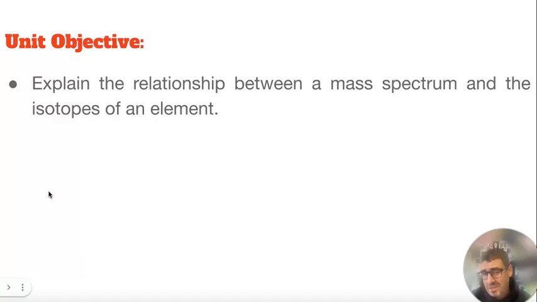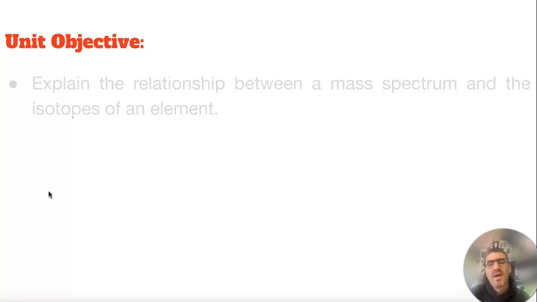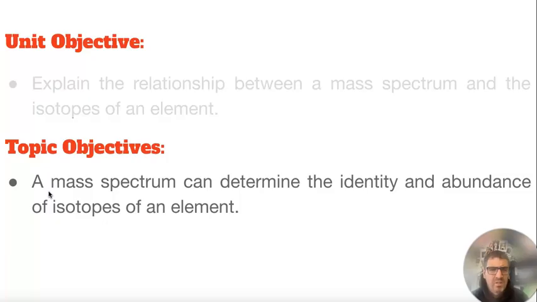One of the objectives of this unit, in addition to revisiting moles and molar mass, is to explain the relationship between a mass spectrum and the isotopes of an element. The topic objectives for today are to look at a mass spectrum and be able to determine the identity and the relative abundance of isotopes of any particular element.